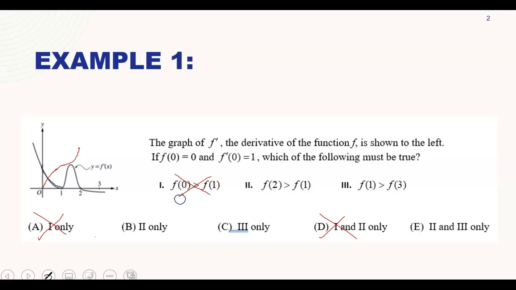Therefore, x equals 1 is a point of inflection, so my graph goes from concave down to concave up. And then at this point here, it's another point of inflection, so it goes from increasing to decreasing, which means it goes back to concave down.